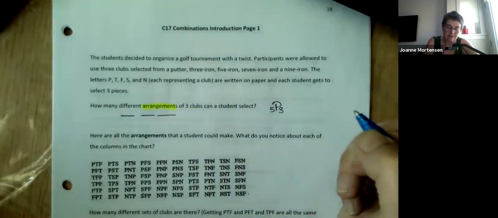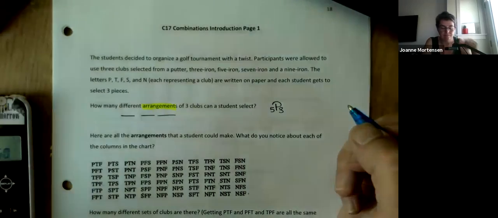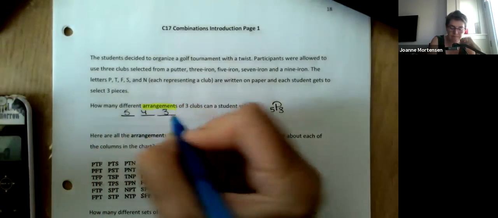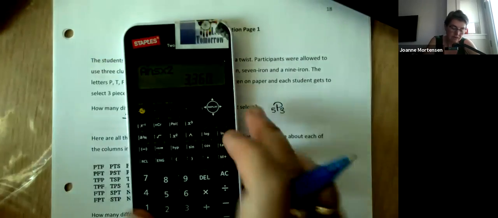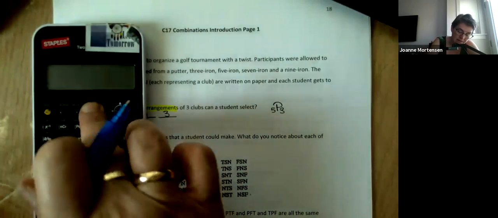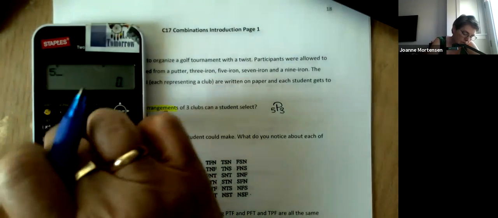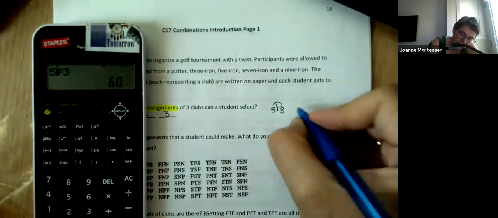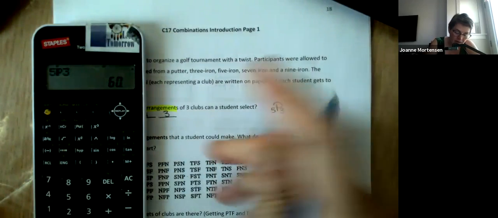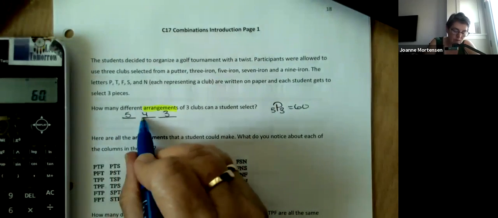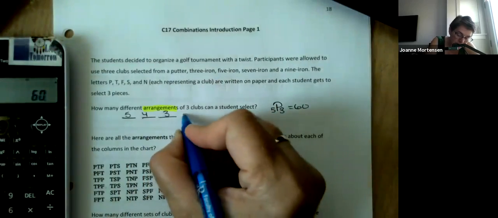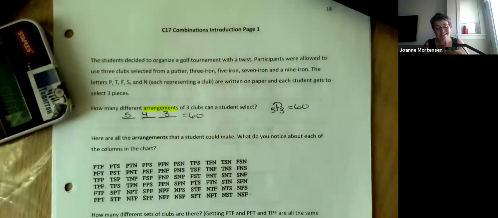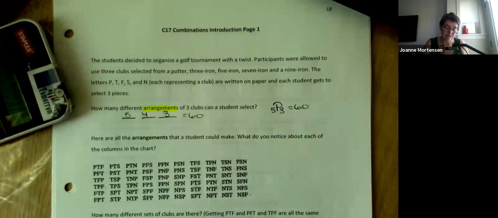But this would also be 5, 4, 3. So 5 permute 3 is 60, and 5 times 4 is 20, times 3. Okay, so the key is there's that many different arrangements.